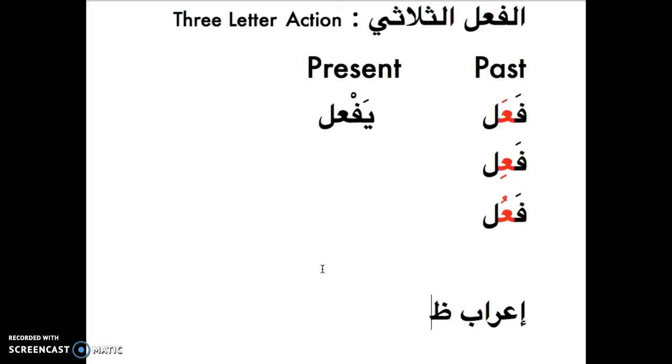There's something called i'rab, and there's something called mabni. And this is for another lesson. I don't want to get too much into it before we do the lesson and explain it step by step. But whatever move is on the last letter will have to do with i'rab.